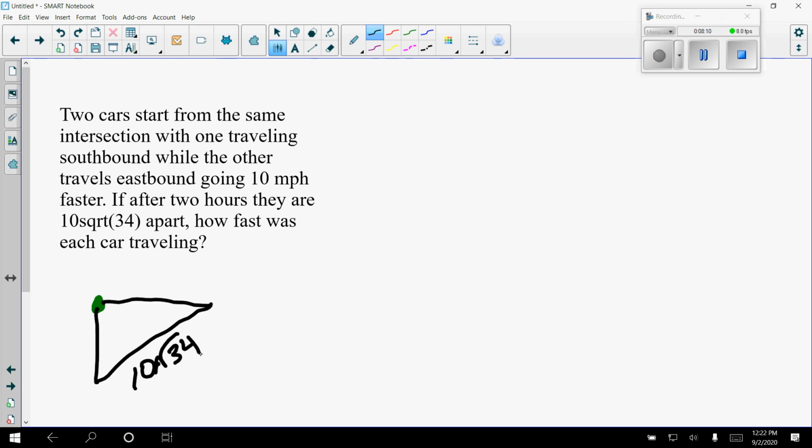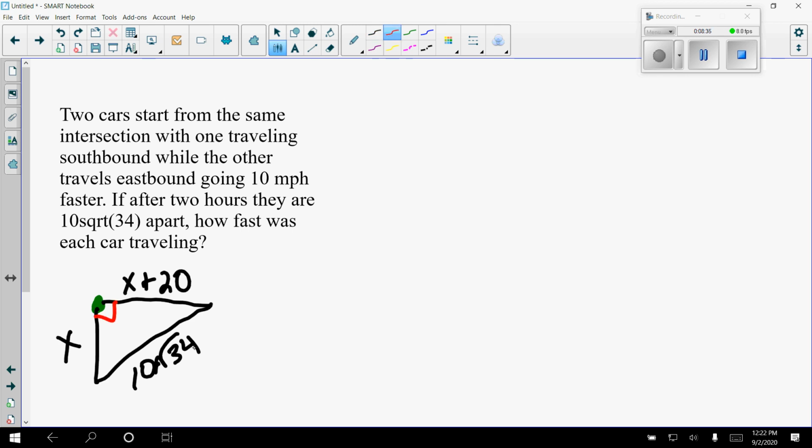Okay. So if one is going 10 miles an hour more per hour, this speed is x. And this is going to be x plus 20, because over 2 hours it would have done 20 miles more. Now, this is one that I probably wouldn't expect you to do, but it's still good to see.